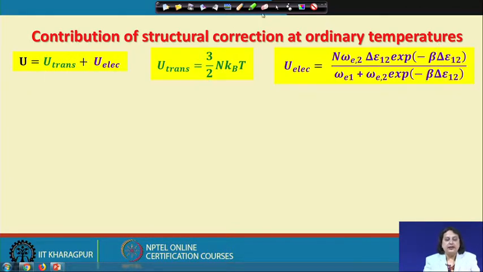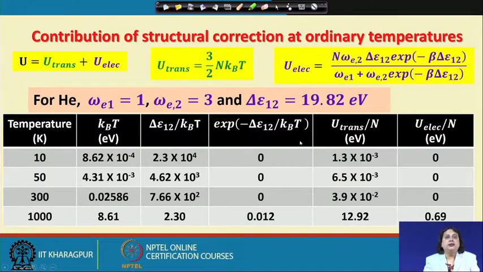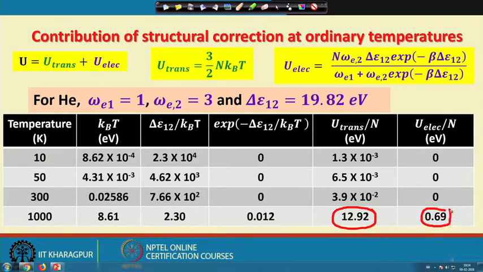Now, in this discussion earlier, we looked at the relative contributions of U trans and U electronic per atom, and we found that it was only around 1000 Kelvin that some non-zero contribution started becoming important as far as U electronic is concerned.